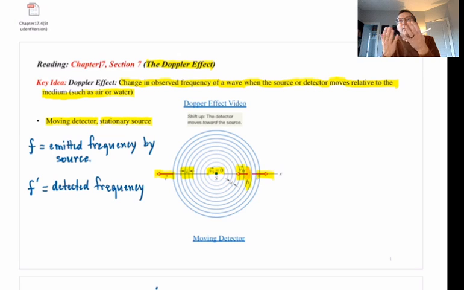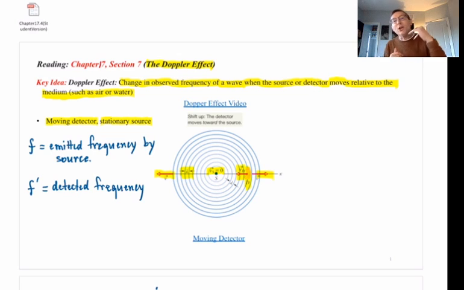And it's the number of wave fronts intercepted per second that is the detected frequency of the wave. And so, if the detector, because of its motion towards the source, is intercepting more wave fronts per second compared to when it was at rest, then the detected frequency F prime should be higher than F, the emitted frequency.